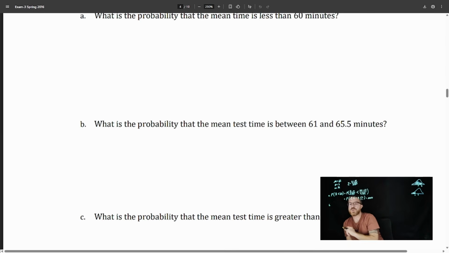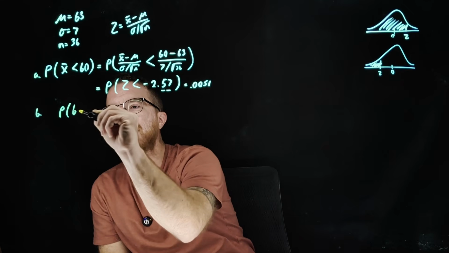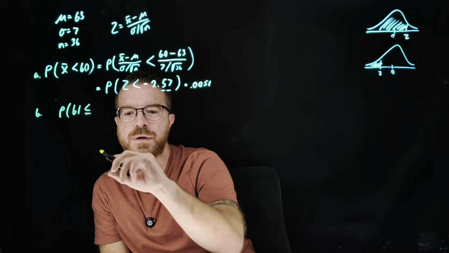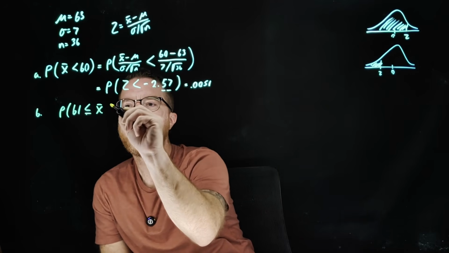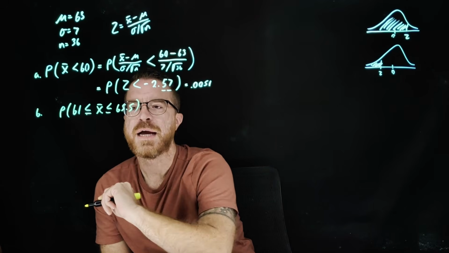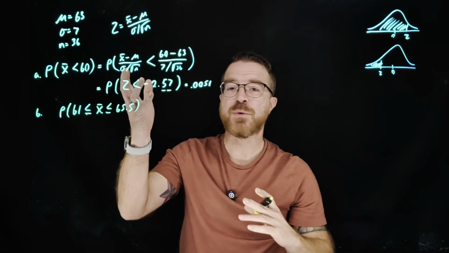Part B of this question says, what is the probability the mean test time is between 61 and 65.5? So we're going to set this up. We have 61 is less than or equal to x bar is less than or equal to 65.5. Now, just like before, we need to do our transformations.